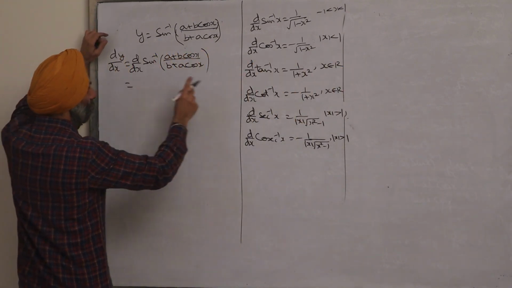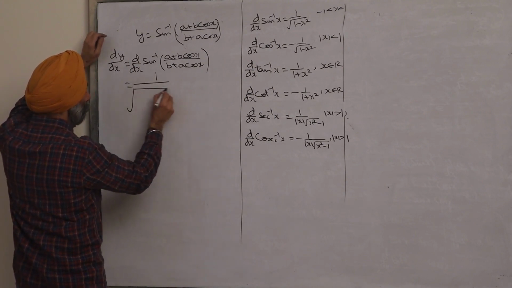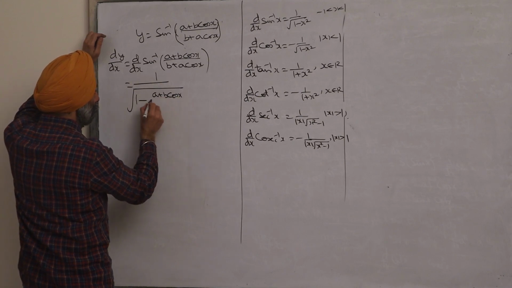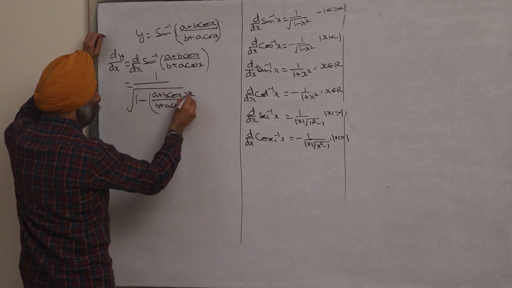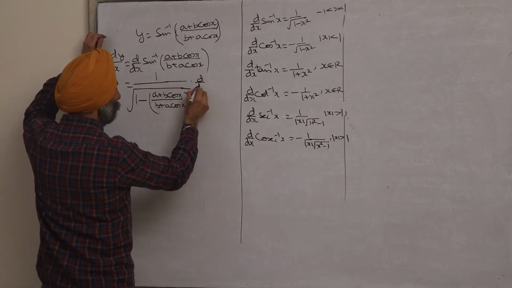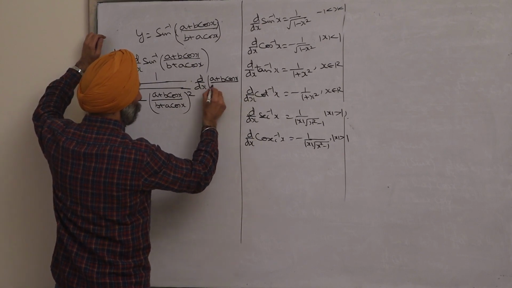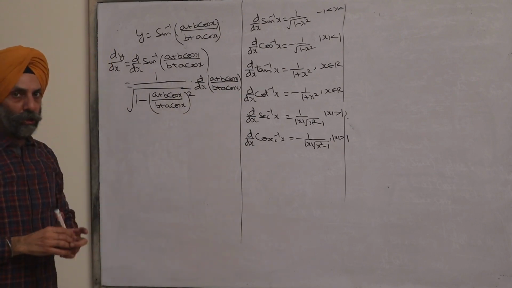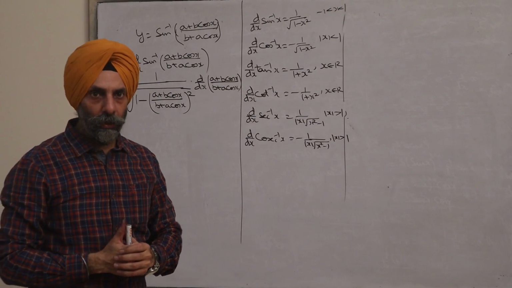Now differential of sine inverse is 1 upon under root of 1 minus a plus b cos x upon b plus a cos x whole square into d over dx of a plus b cos x upon b plus a cos x. So this way we are going to differentiate the present function here.